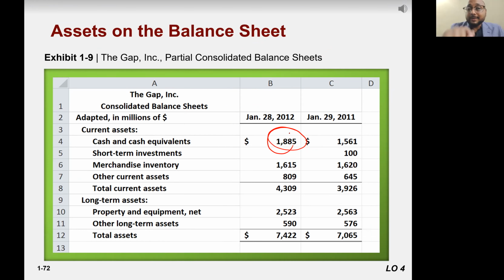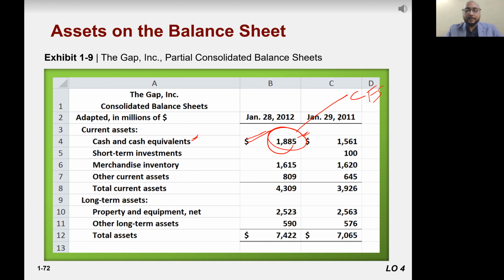Basically we want to verify whether this much cash is still in our bank account or cash equivalents, whether we still have this cash or whether this is a fictitious figure. We have backup support for this, and we made a whole new statement called the cash flow statement, right? So there's a link between all these statements.